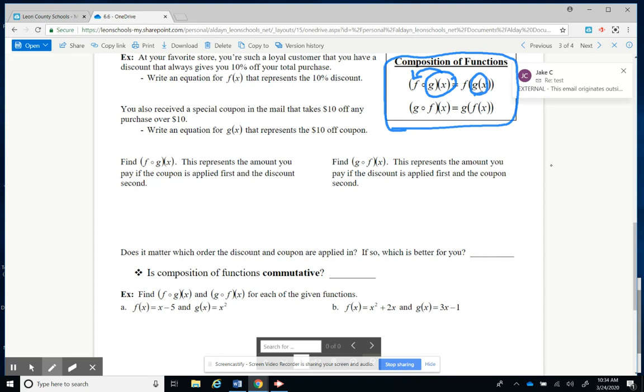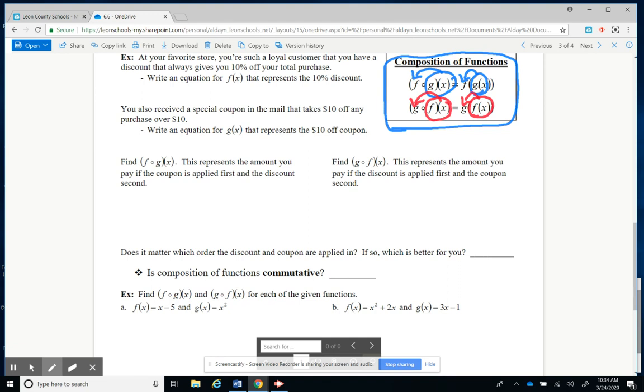For the next one, you take the f of x and you substitute it into the g of x. So basically, whichever function is closest to the x is the one that you start with. It's not the one that's in the front. It's the one that's the closest to the x.